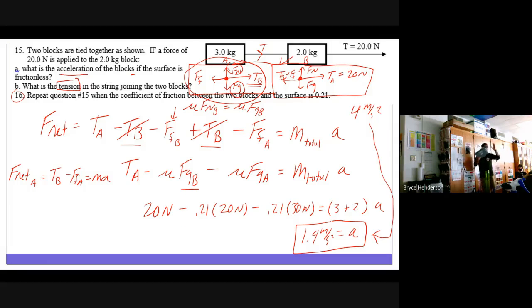And this is, again, just for block A. Because now, instead of tension A that I was applying, the 20 newtons, I'm solving for this tension. So it'd be the force of friction on block A plus mass times acceleration of block A. This means I would do mu Fg A plus mass of A times acceleration.